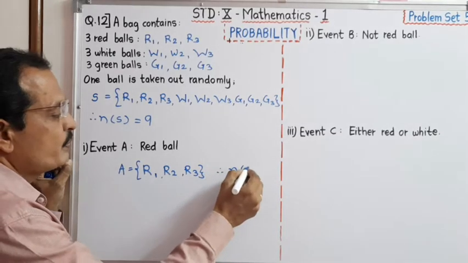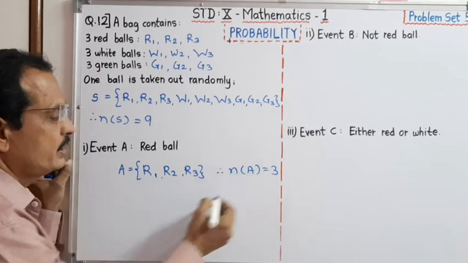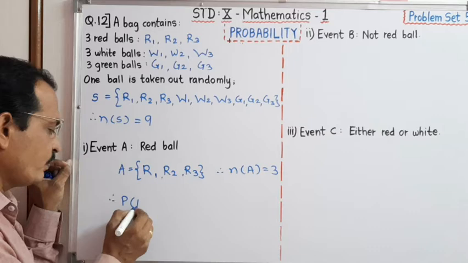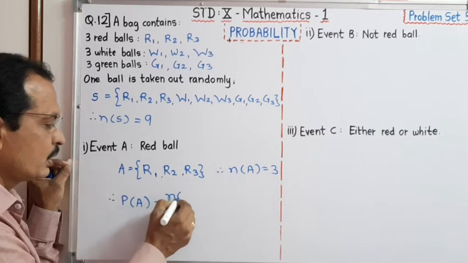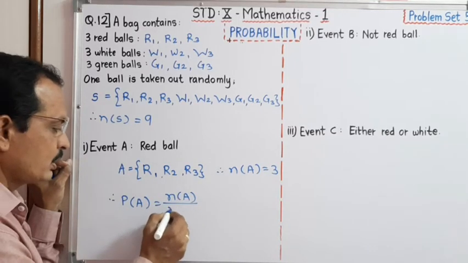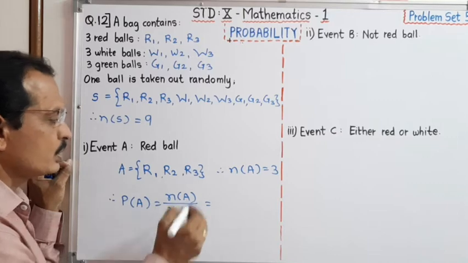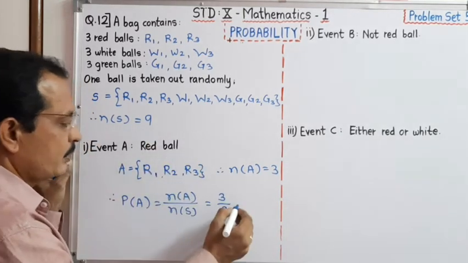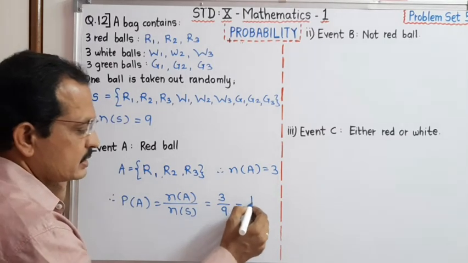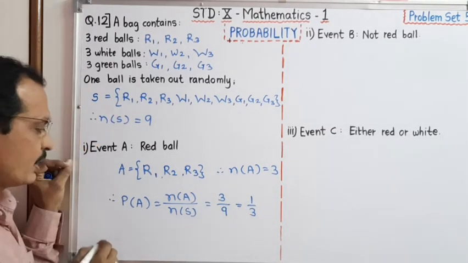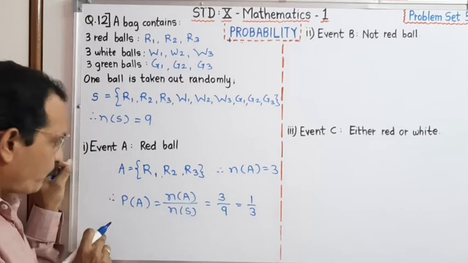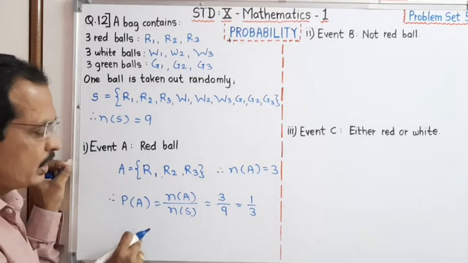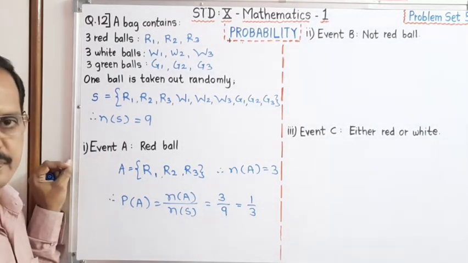Therefore, the number of event A is equal to 3, and the probability of event A is equal to number of A upon number of S. Dear student, number of A is 3 and S is 9. Therefore, 3 ones are 3, 3 threes are 9, it is 1 upon 3. Therefore, the probability of getting a red ball is 1 upon 3.